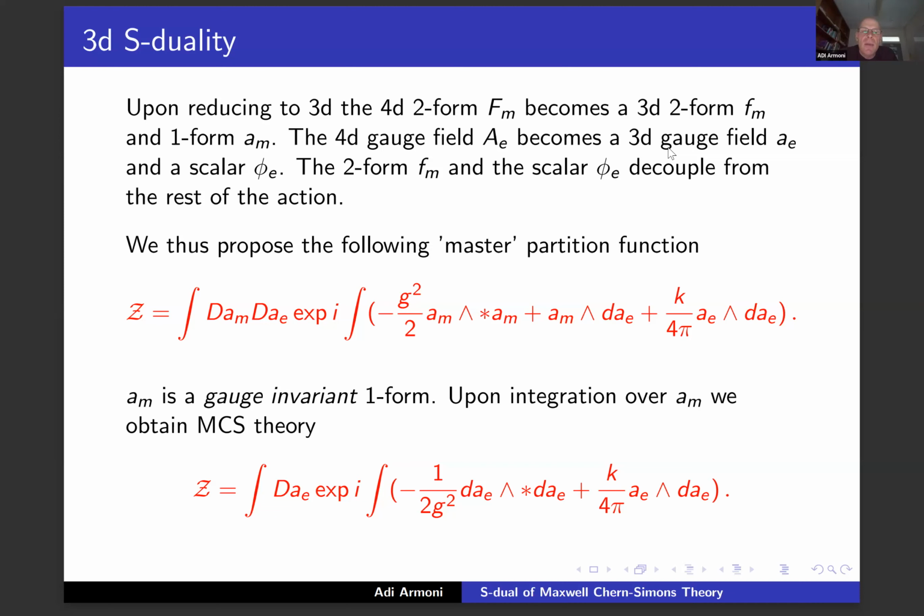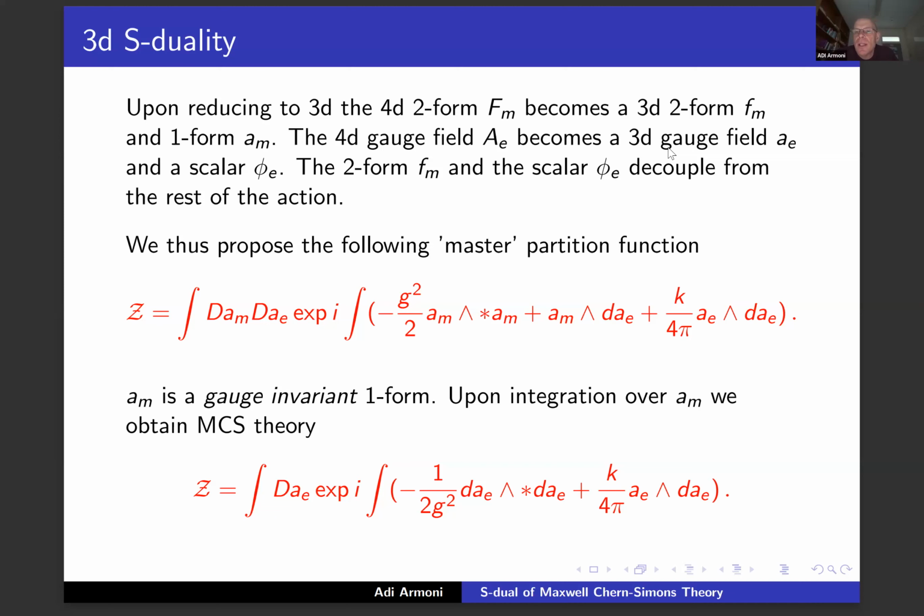There is AM and AE that interact with each other, and there is Fm and phi E that also interact with each other, but not with the rest. So upon reduction from 4D to 3D, the 3D partition function becomes two partition functions that do not interact with each other. It factorizes to a product of two partition functions, and they imply two dualities.